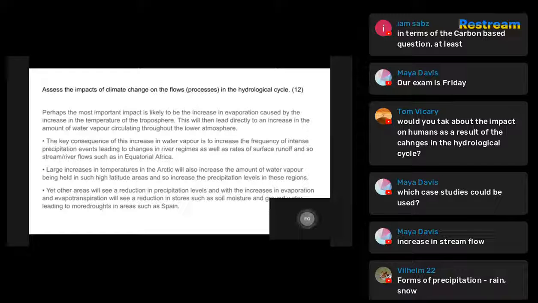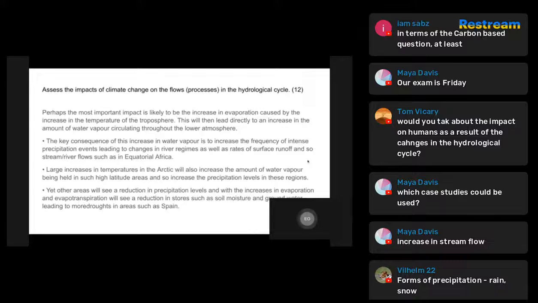But you could also argue that yet other areas will see a reduction in precipitation levels and evapotranspiration. We'll see a reduction in stores such as soil moisture and groundwater, leading to more droughts in areas such as Spain. So these are things which you elaborate upon and expand upon, which higher order candidates will certainly do for this.